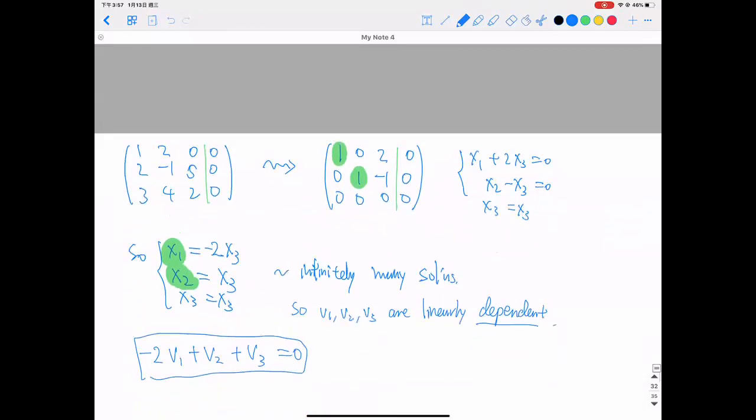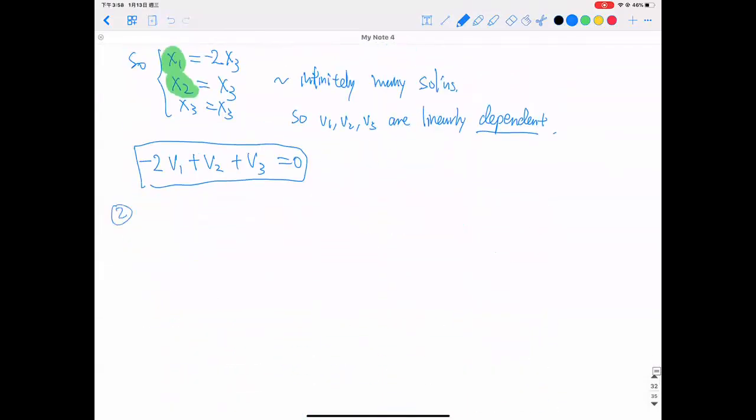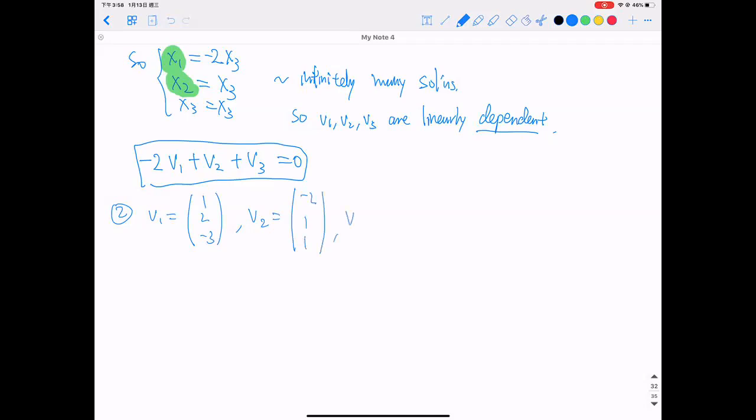Now another example would be, let's say, the following. V1 is 1, 2, minus 3. V2 is minus 2, 1, 1. V3 is 1, minus 1, minus 2. Again, the question is whether it is linearly independent or dependent.